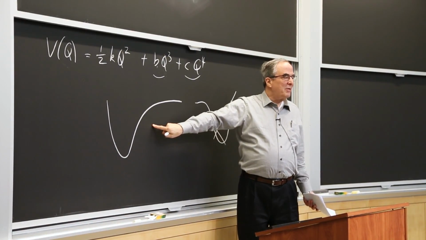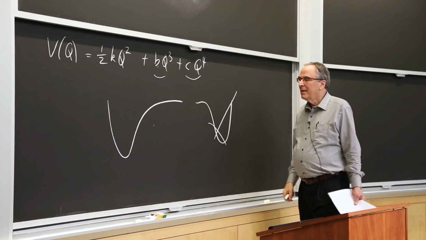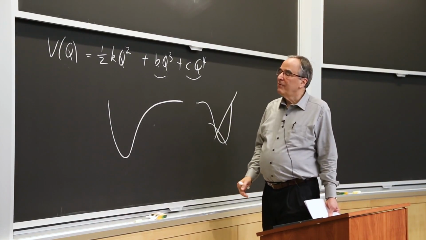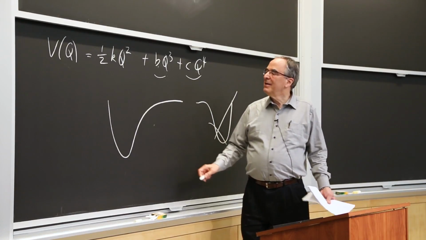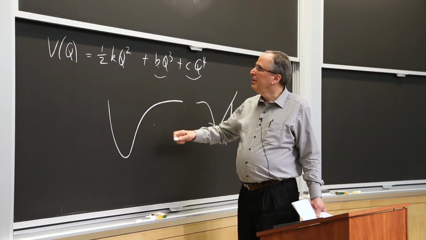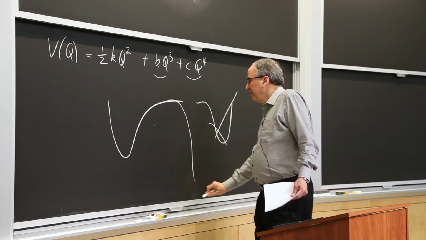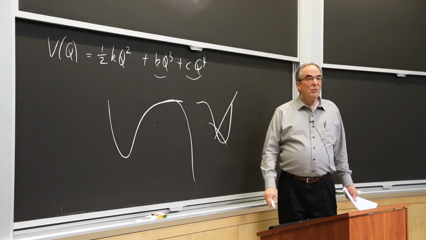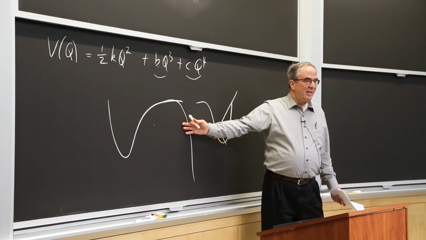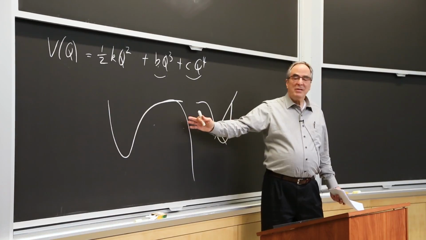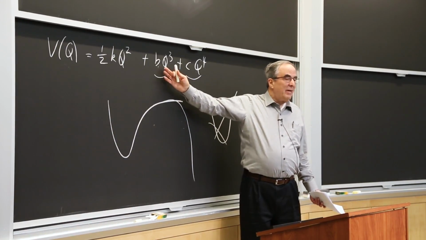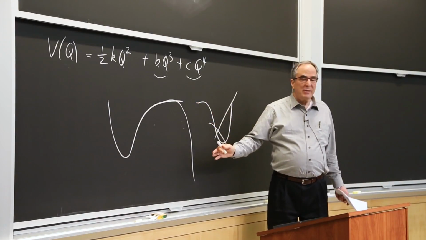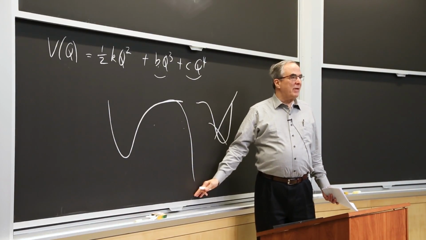Yes, right. Okay. Now, if we're really naive, we say, yeah, negative is good, but boom. We ignore that. We don't worry that if we took this seriously, at large enough displacement, the potential will go to minus infinity.